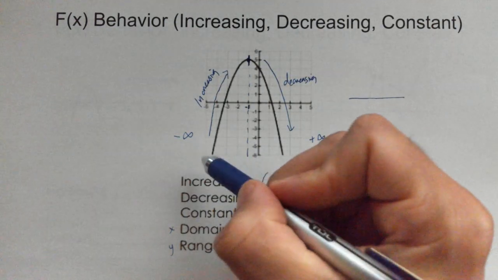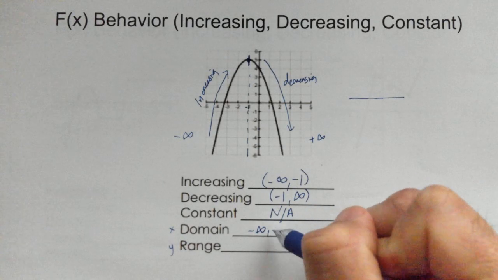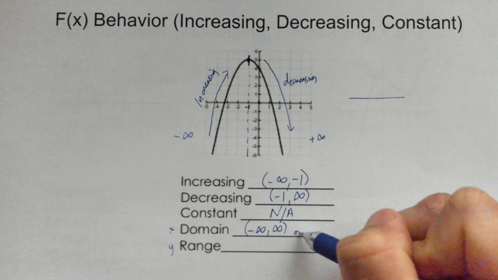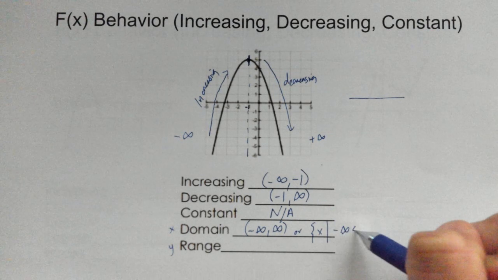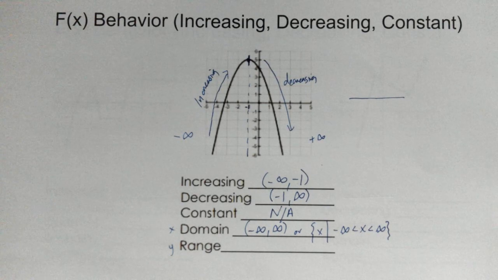Everything's acceptable from left to right. I can use interval notation, or I could even use set builder notation, everything where x is less than or equal to infinity. All the notations we've been discussing before can be applied here.